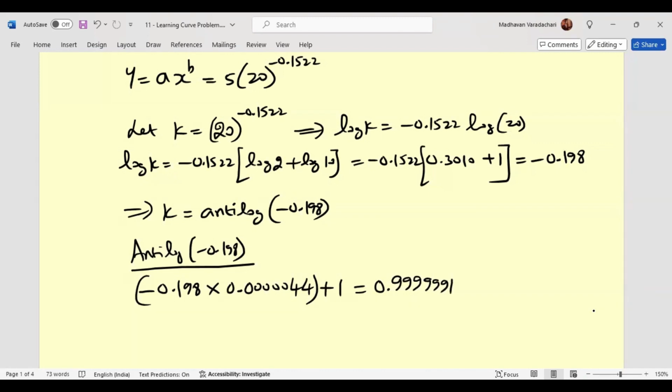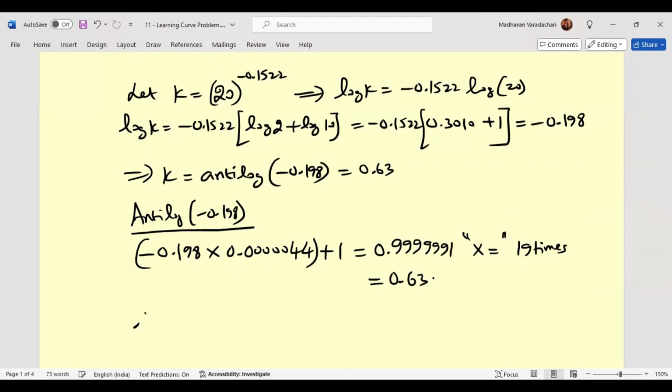Then after that, we will have to enter multiplication sign and equality sign together 19 times in our regular calculator. By doing that, we will arrive at 0.63. So that is our antilog. That is our k value, 0.63.